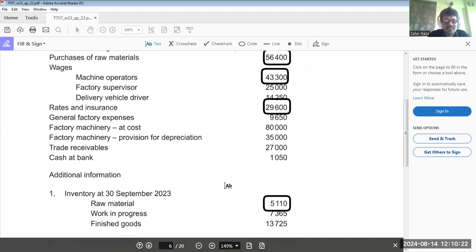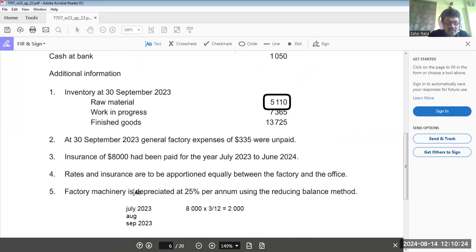General factory expenses 9,650. General factory expenses were unpaid 335.